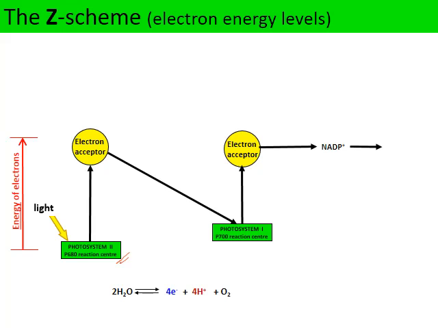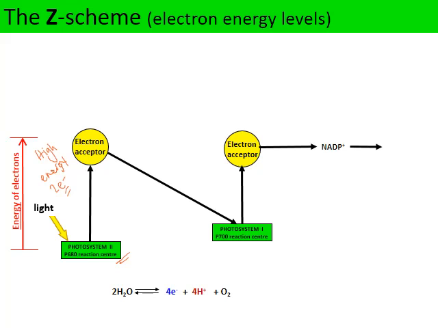We know they go to a higher energy level because of the absorption of light energy by chlorophyll A and the passing of excitation energy from the accessory pigments down to chlorophyll A. We know they're accepted by the primary electron acceptor as they get emitted or released from photosystem 2. So these are very high energy. So we could put high energy electrons, and there's 2 of them.